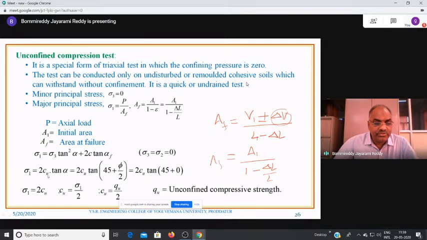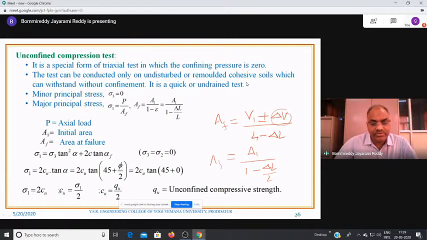Normally we use U. Why is it U? Undrained. There is no drainage in this test. So that's why we are using Cu, and it is 2Cu tan alpha, where tan alpha means tan of 45 plus phi by 2. And here, if it is perfectly clay, phi value equal to 0.